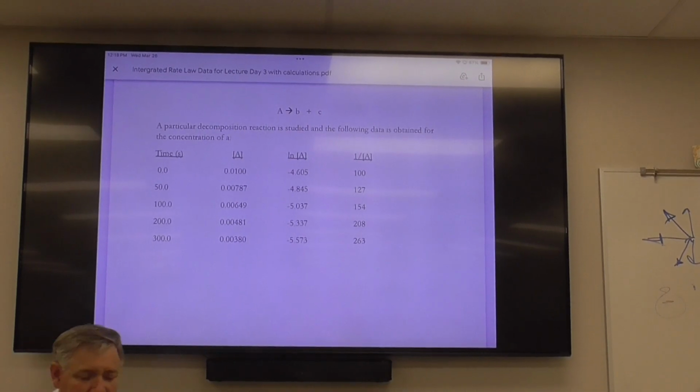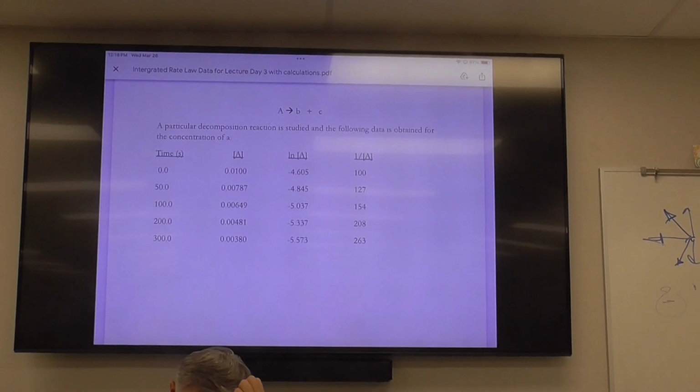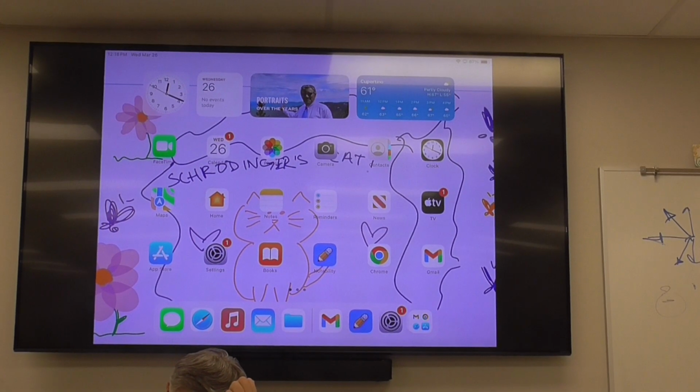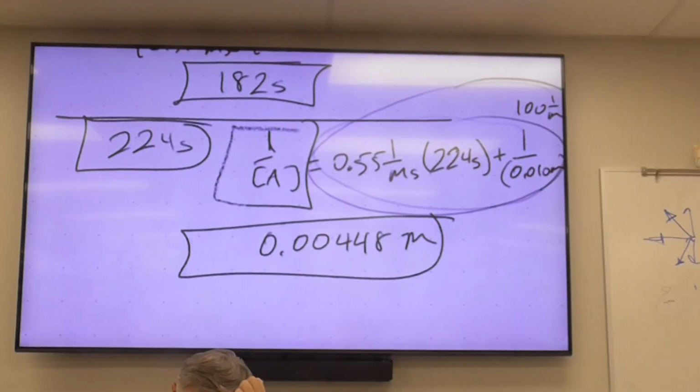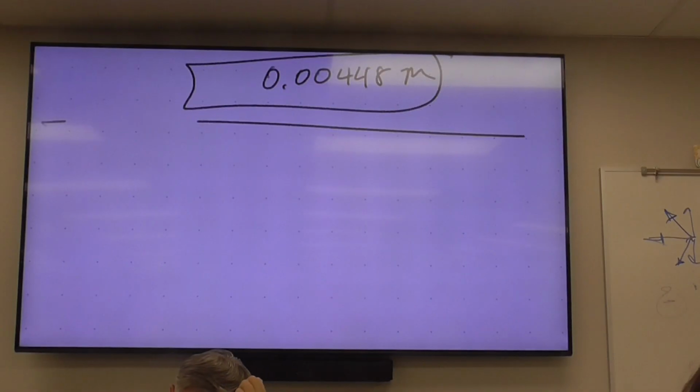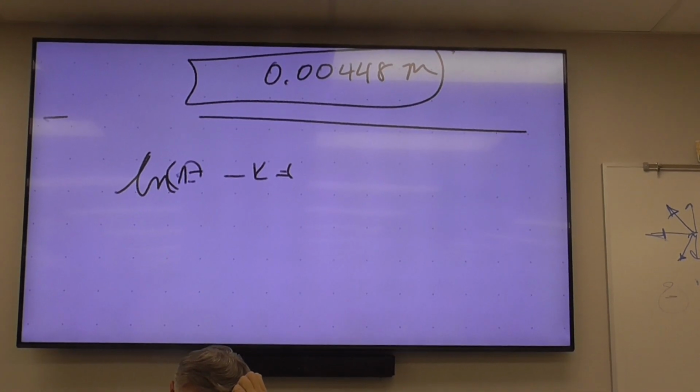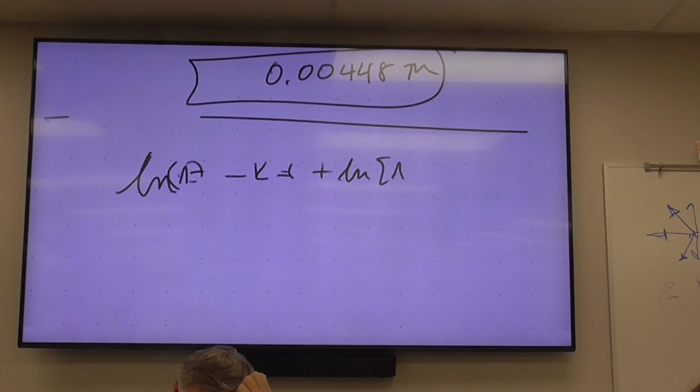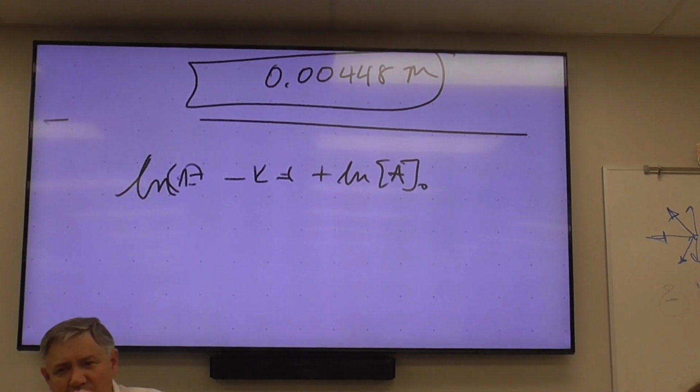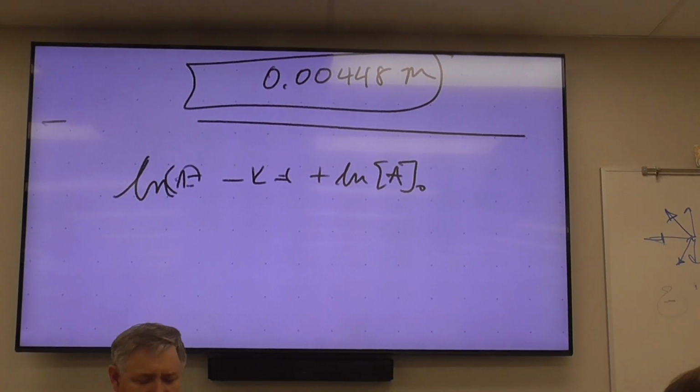That's second order. If this had been first order, which is a huge if, let me take you through the math. First order is natural log of A equals negative kt. This is where it gets a little bit weird mathematically, but not bad.